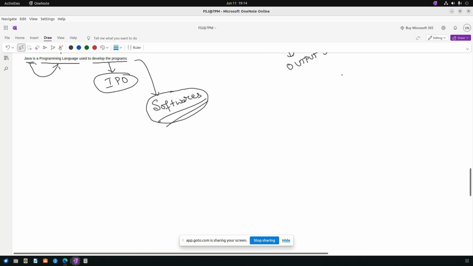Using Java also, we will develop software like standalone applications and enterprise applications. I'll tell you what is a standalone application and what is an enterprise application when the time comes.